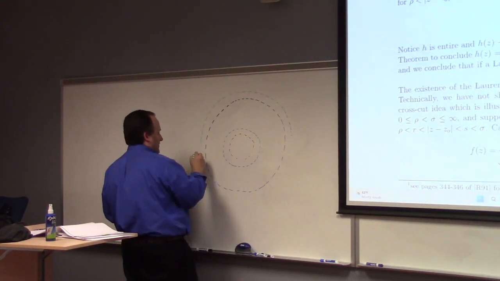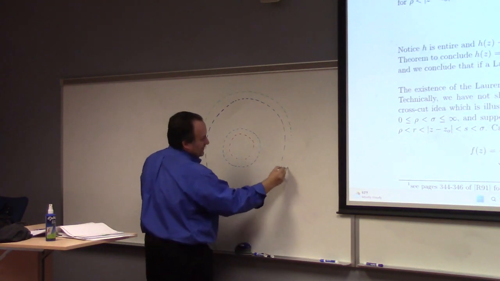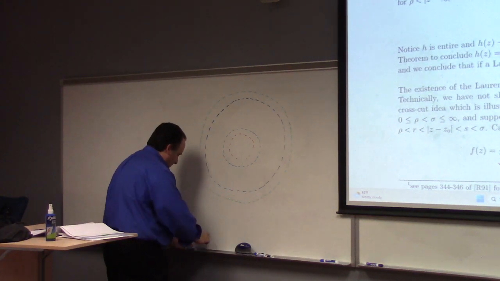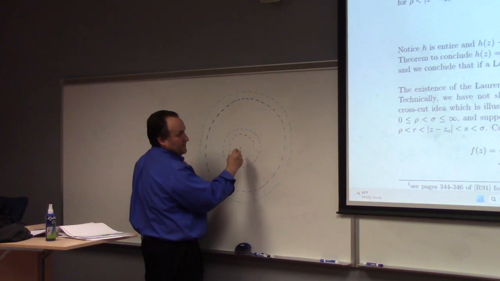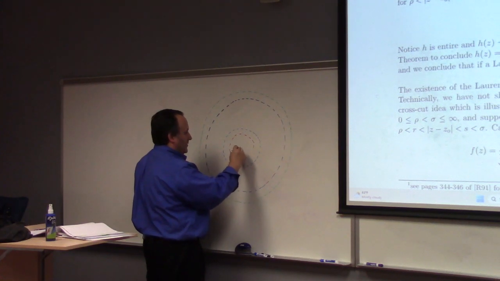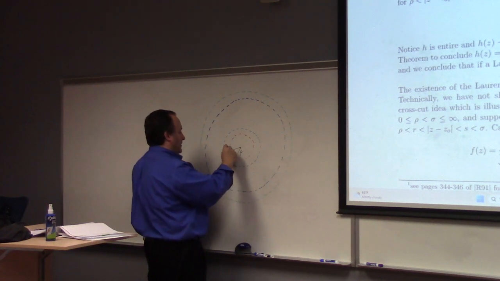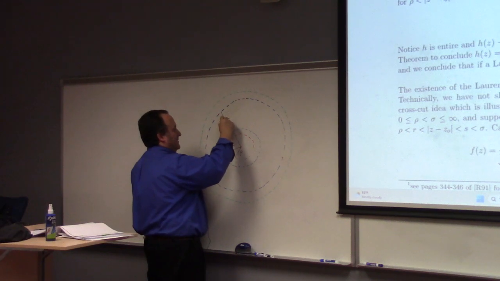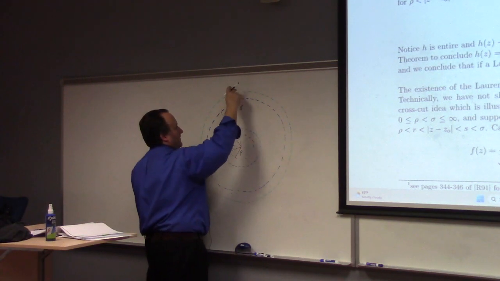And of course the inner red and the outer green could go to 0 or infinity respectively, right? So let's label: this one is rho, that one is R, this one is S, and that one is sigma, right?